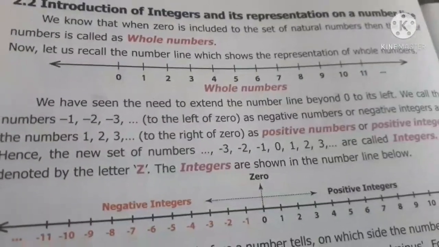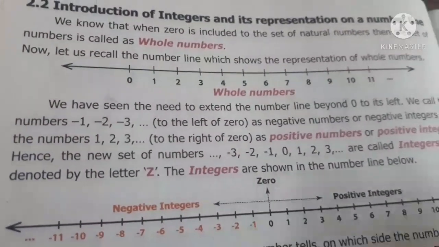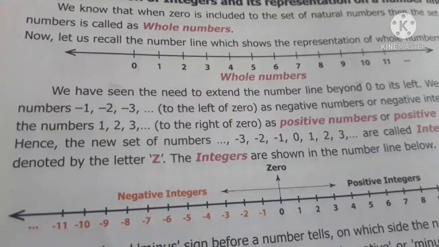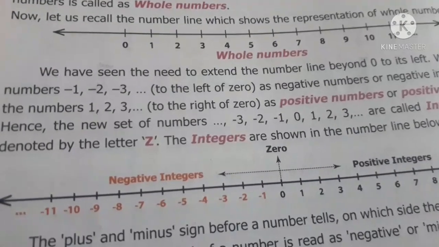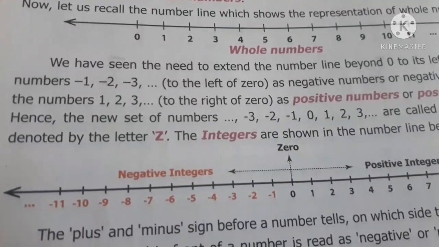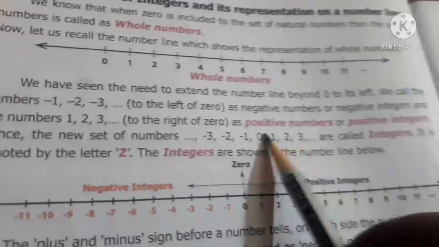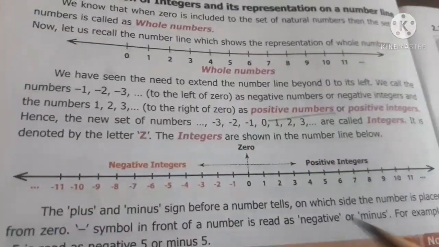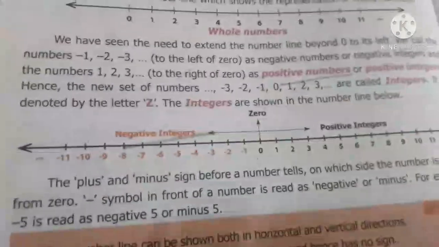So from the number 1 to infinity, we say the numbers are positive numbers, and the numbers from minus 1 till negative infinity, the minus numbers, we say are negative. Positive numbers and positive integers are the same. So we say these are negative integers or negative numbers.